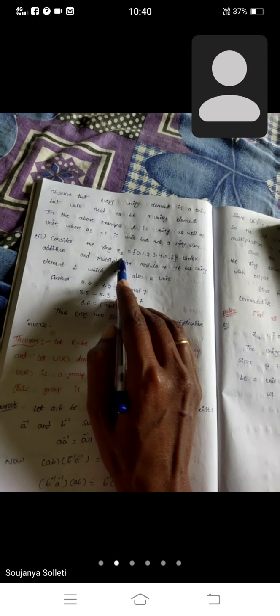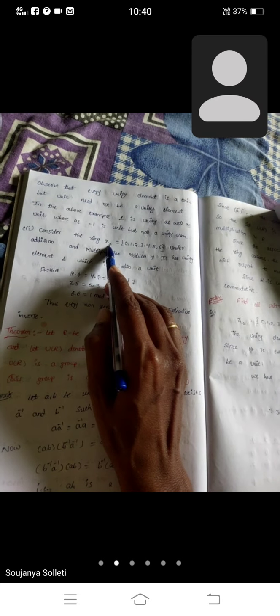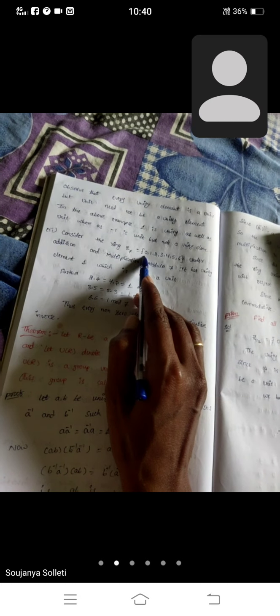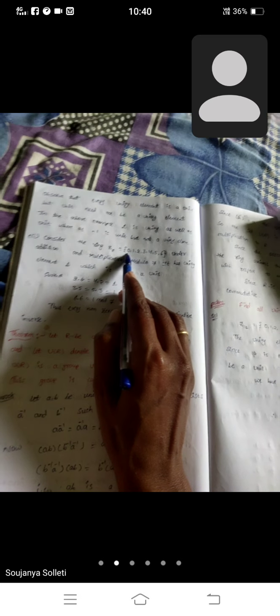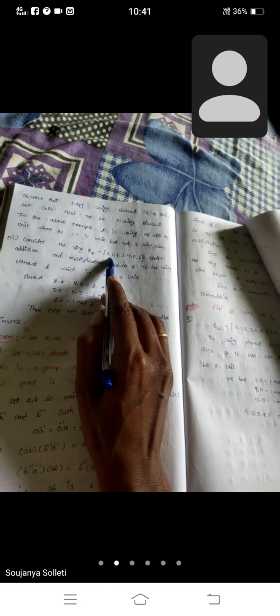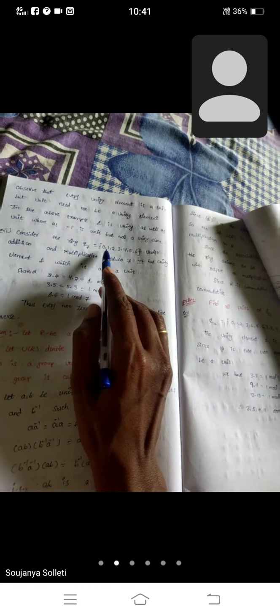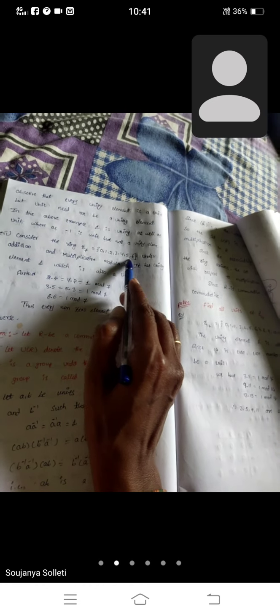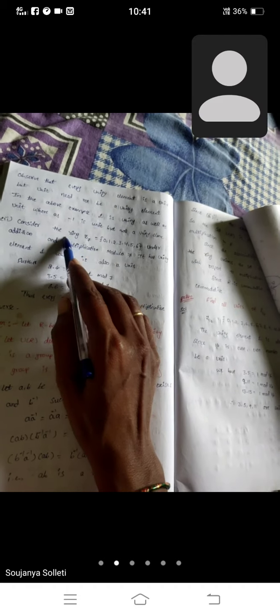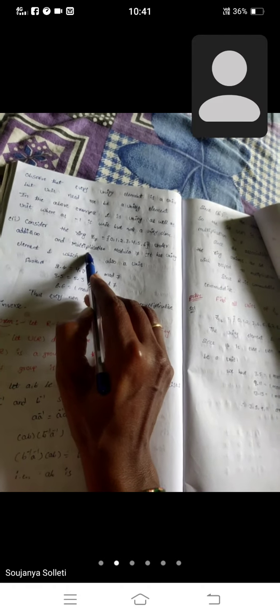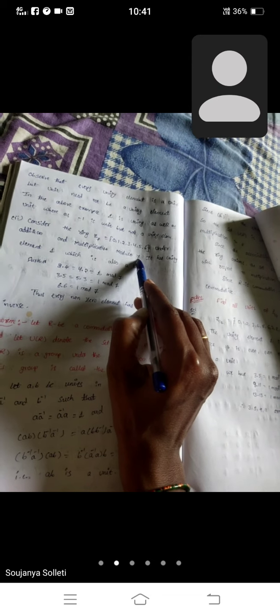Given the ring Z7, what are the elements that exist? Anyone? We have discussed the groups also. 0, 1. Okay, very good. 0 1 2 3 4 5 6. So the ring is nothing but one satisfying addition and multiplication modulo 7.